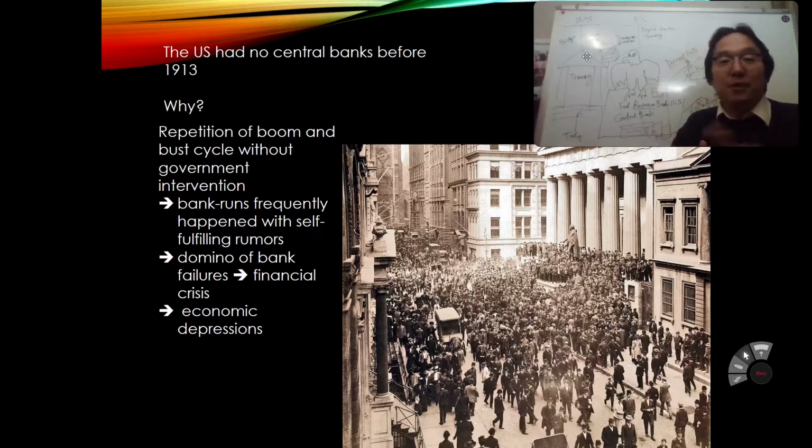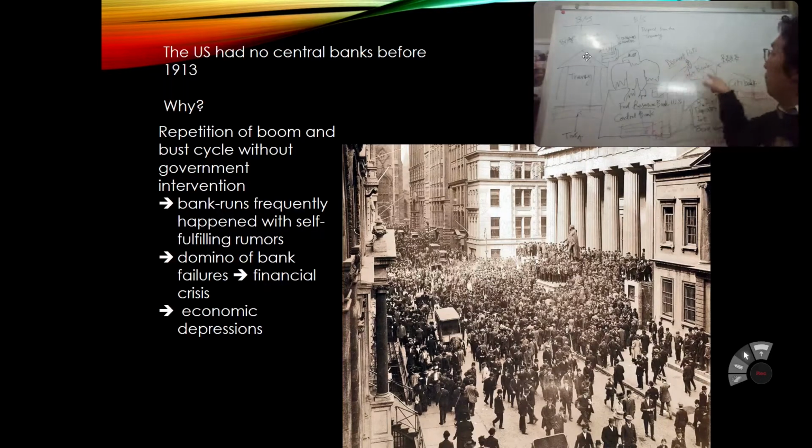And bank runs, okay. What are bank runs? That's the thing that I explained before. For example, in 1906, one of the banks in the United States invested heavily in a troubled company in San Francisco.